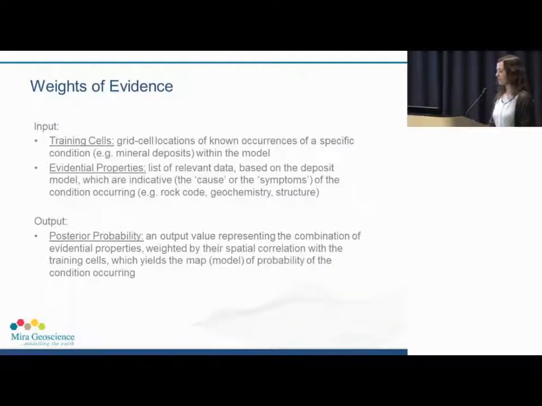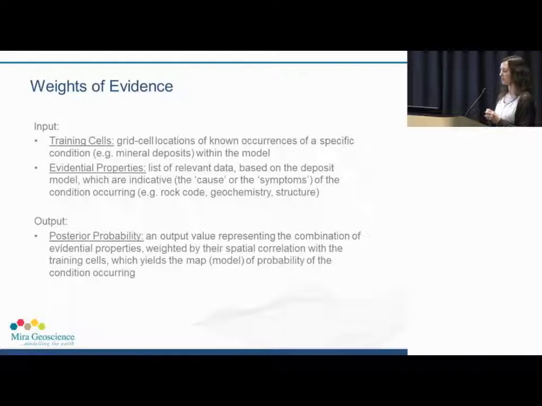So, weights of evidence. For weights of evidence methods, you require 2 pieces of input information. The first is training cells. That's the grid cell locations of known occurrences of a specific condition, so in this case, it's mineral deposits. And you need your suite of evidential layers or evidential properties.